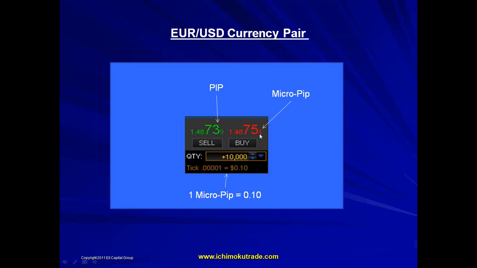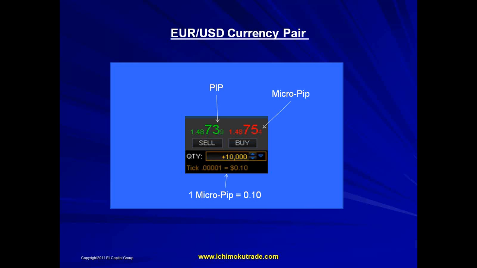No, that's where I said, remember, 1 pip is equivalent, right now, I just told you that's 2 pips, right? The quantity will change. I'll tell you about the quantity in a minute. Just go with me for right now, this is a 2 pip spread. You okay with that? And 1 pip is equivalent to $1 right now. I'm making an assumption which I'm going to get to in a minute.